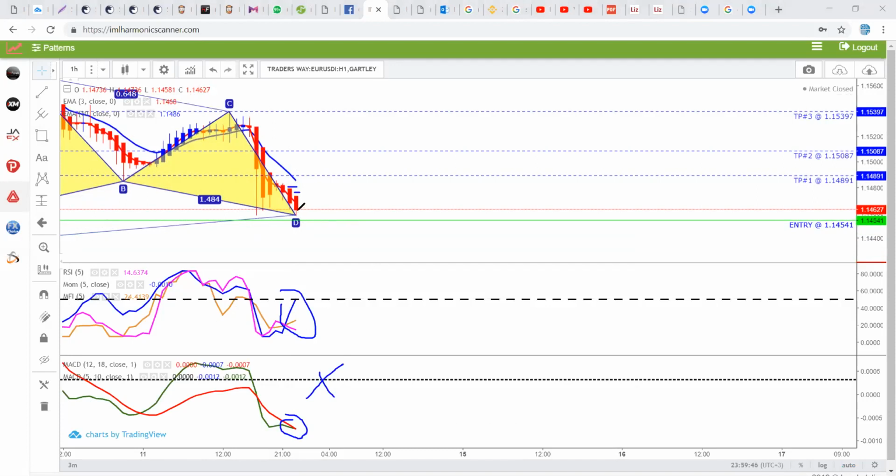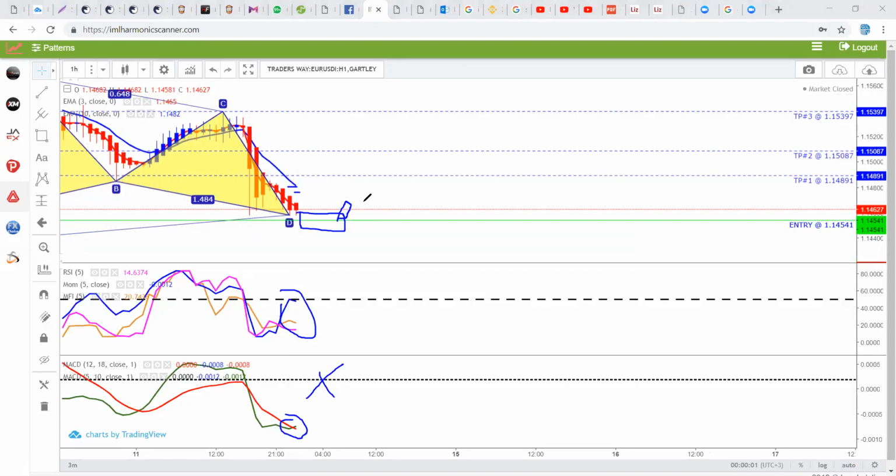But then, what are you waiting for? You are waiting for a TZ zone. You're waiting for a breakout of a TZ zone. You are waiting for a candle that will look like this. So flat base, right? You are waiting for these 3 to cross up.